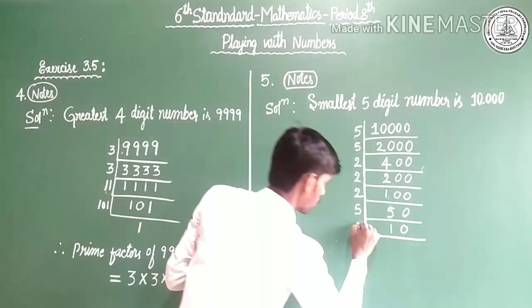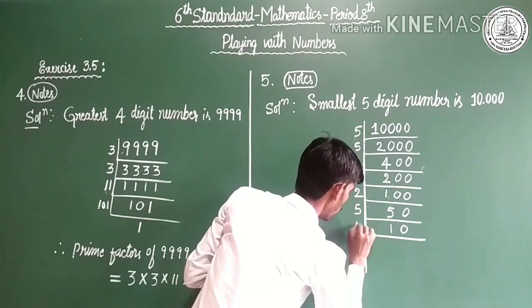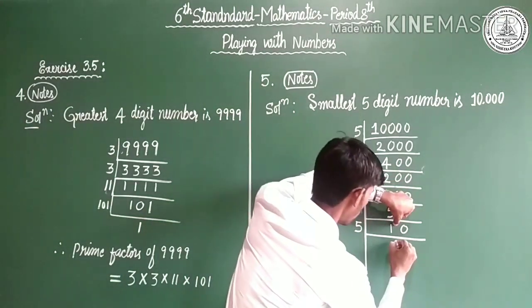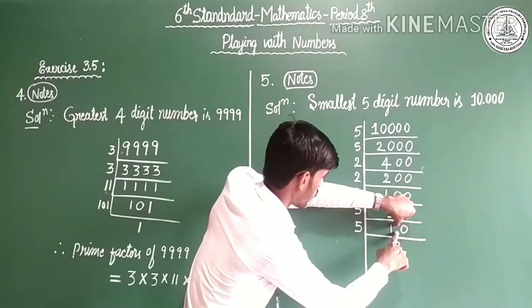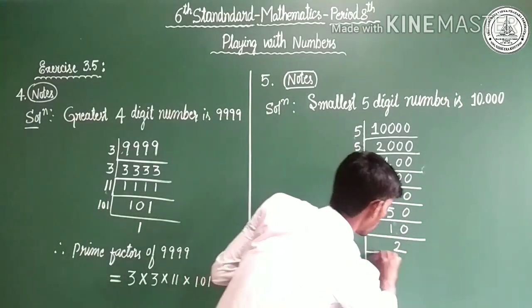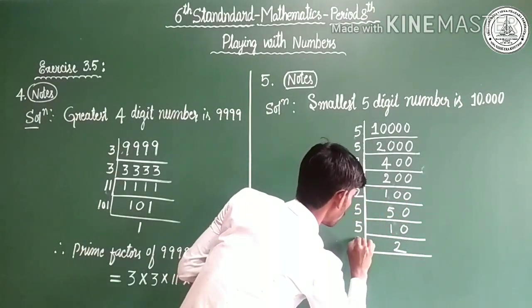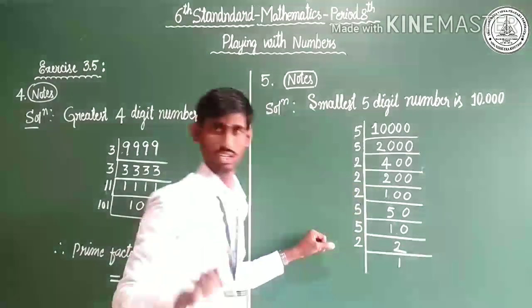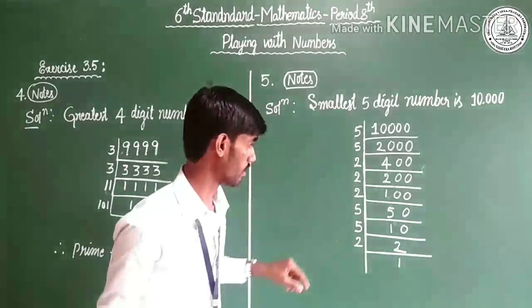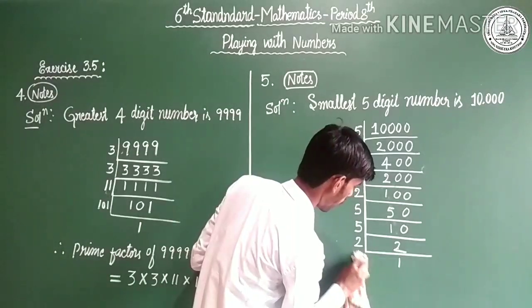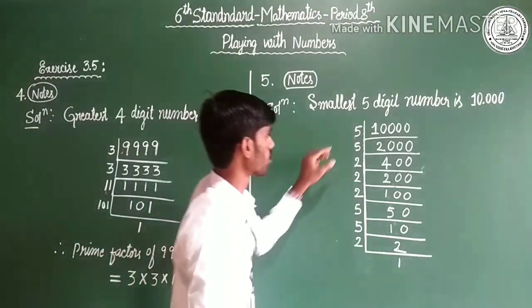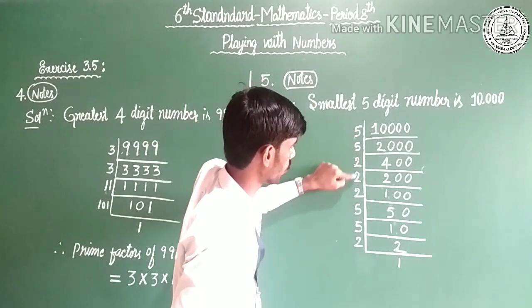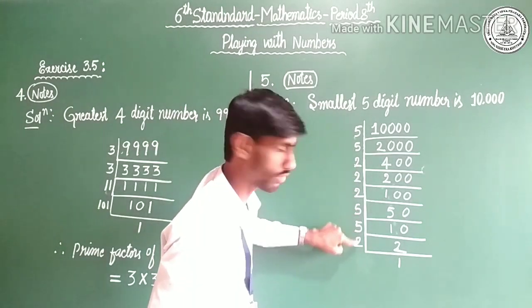Okay, next, 5 2s are 10. Okay, draw a line. 2 1s are 2. Clear? See, this is the prime factor representation. Observe here, Chotu: 5, 5, 2, 2, 2, 5, 5, 2.